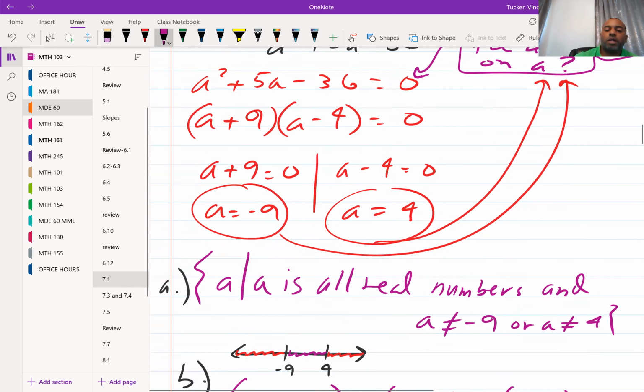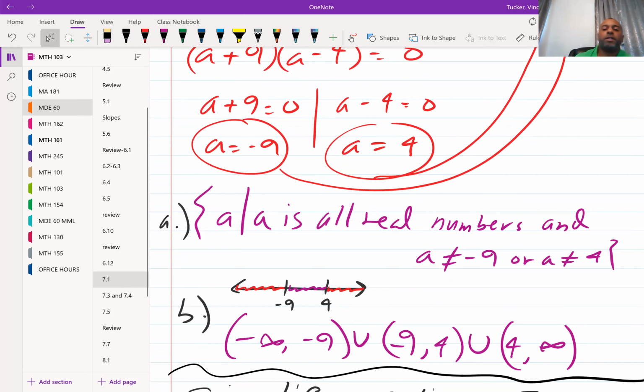All right, so we look at the number line here. I'm going to try to color code this like I did the last one.